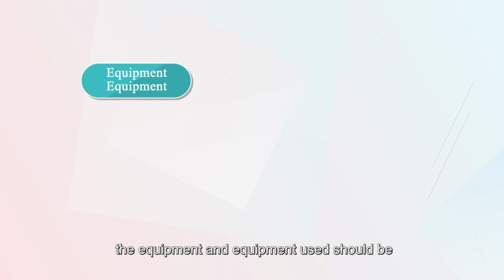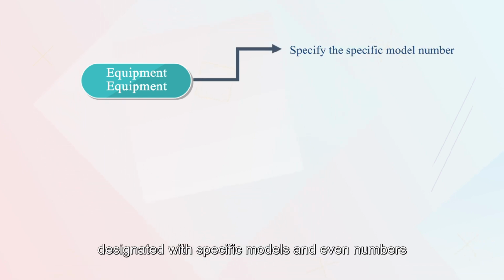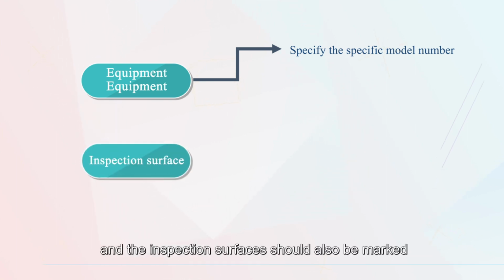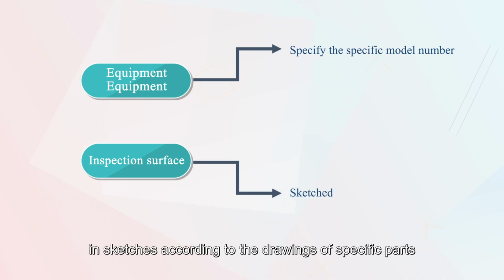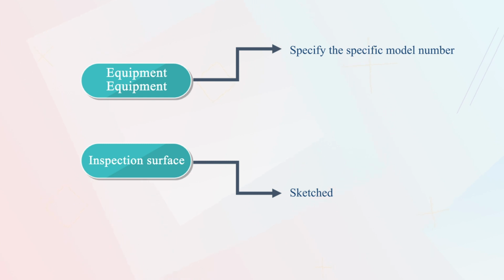For example, the equipment used should be designated with specific models or even numbers, and the inspection surfaces should also be marked in sketches according to the drawings of the specific parts.